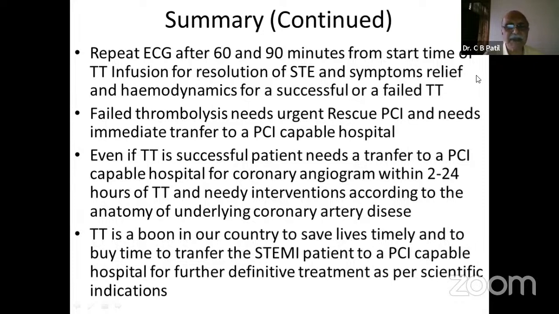We call it significant if the left main stem is more than 50% blocked, and if the proximal coronary arteries have more than 70% blockage. They are called significant coronary artery disease, and they need relief by balloon angioplasty or, if necessary, even stenting. So these are all the indications for PCI following thrombolysis.